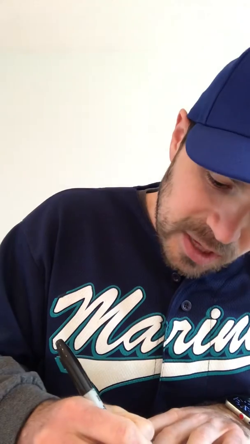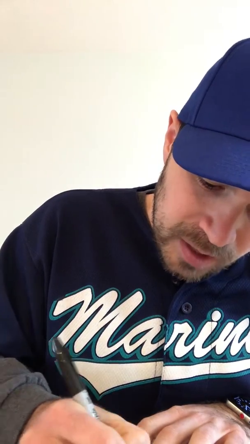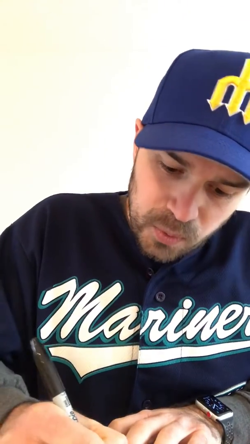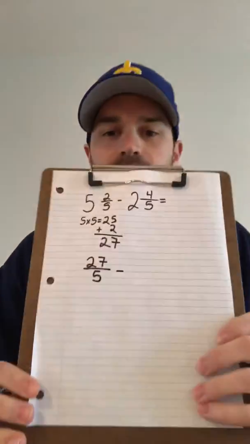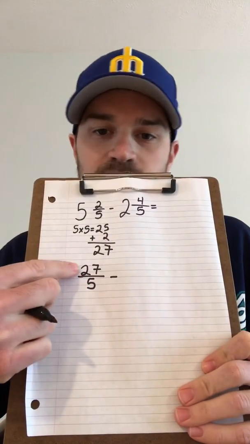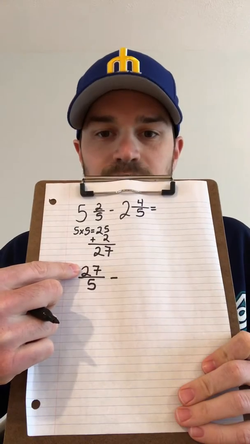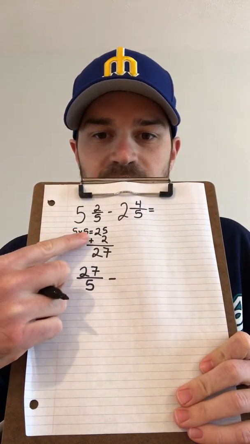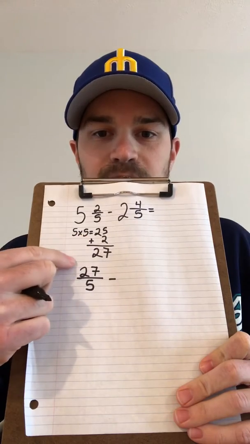So I'm going to write this below, okay? Our denominator didn't change, so it's still going to be 5. And you can always double check, guys. If you divide 5 into 27, you should get 5 wholes, because 5 times 5 is 25, right? And then if you add 2, it will be 27.